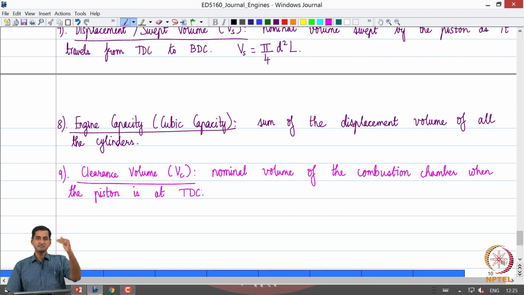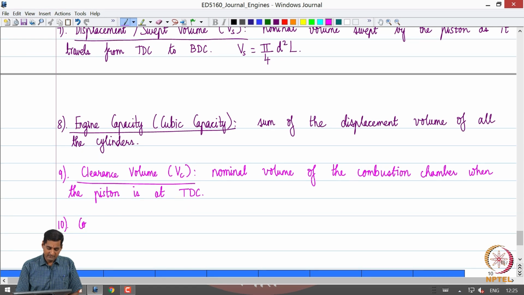So, when the piston has reached the top dead center, there is some volume between the cylinder head surface and the piston. That volume is what is called the clearance volume. Okay. For example, we will shortly realize that when we are doing what is called a compression stroke, we will have highly pressurized fuel air mixture in that clearance volume. Okay. So, that is the clearance volume.